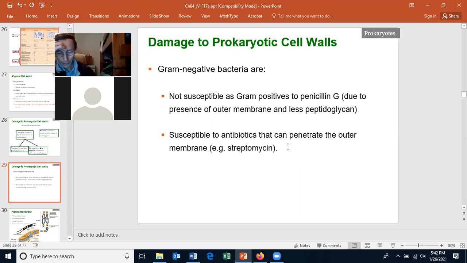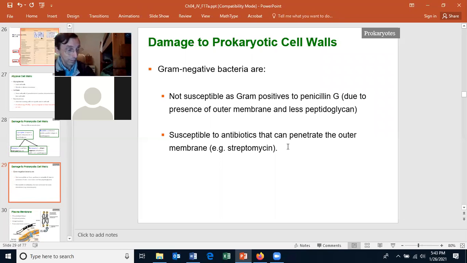Streptomycin, that's the one I was trying to remember last time. I was saying there's an antibiotic which can move through the outer membrane of the cell wall. Streptomycin is one.